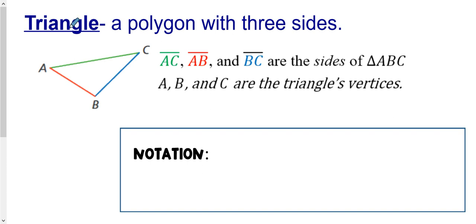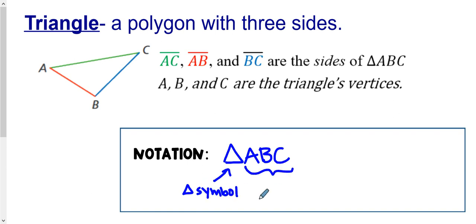And I want us to take a little bit of notes here about the notation, or how we write the name of a triangle. So we draw a little triangle symbol, and then you name the 3 vertices. So for example, this is triangle ABC. You always start with a little triangle symbol, and then the 3 capital letters, those are the 3 vertices of the triangle.